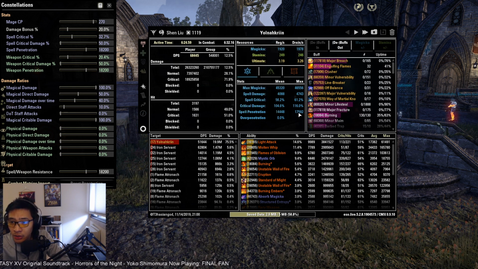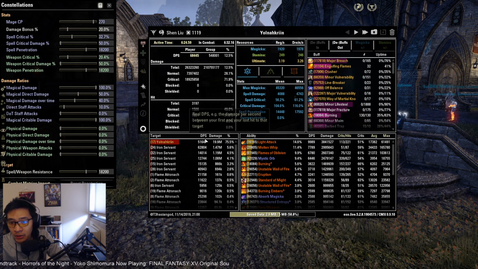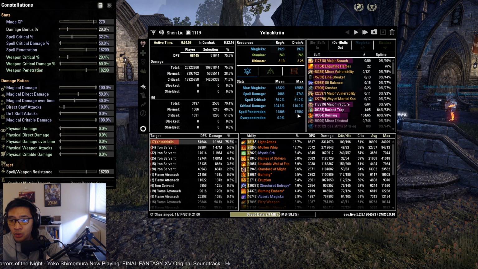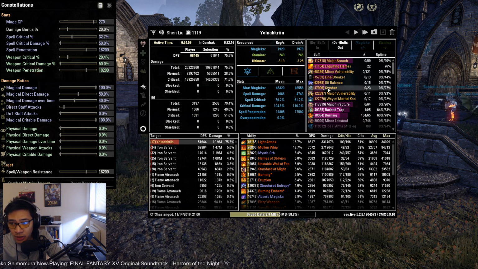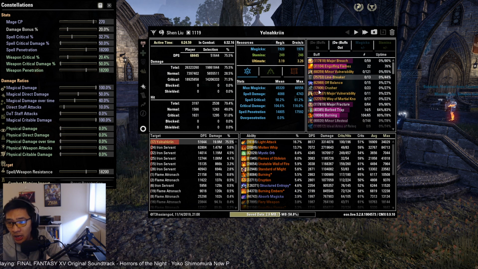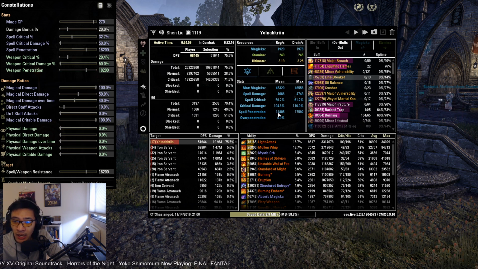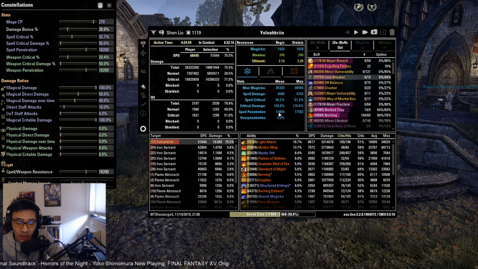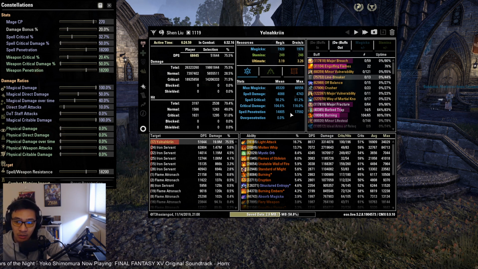Now the other thing that you'll notice is that I have max spell pen. I'm not hitting pen cap, so I will need to figure out how to improve our overall pen. A lot of that is going to be taking a look at the Crusher, seeing whether we're using the Torug's Crusher or not, and then obviously making sure Alkosh uptime is better, because right now our mean spell pen is 14,800. So I want to figure out, can we get our spell pen higher, because this is a pretty big disparity.